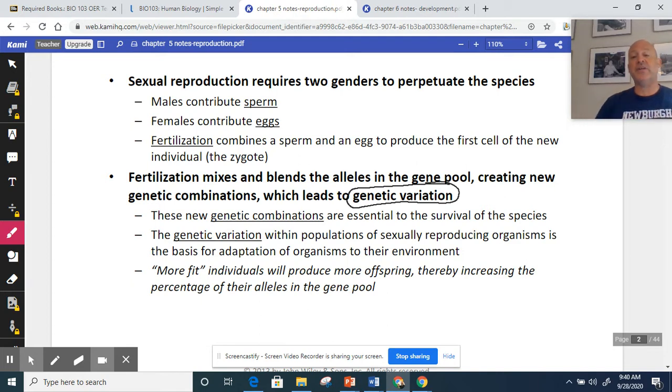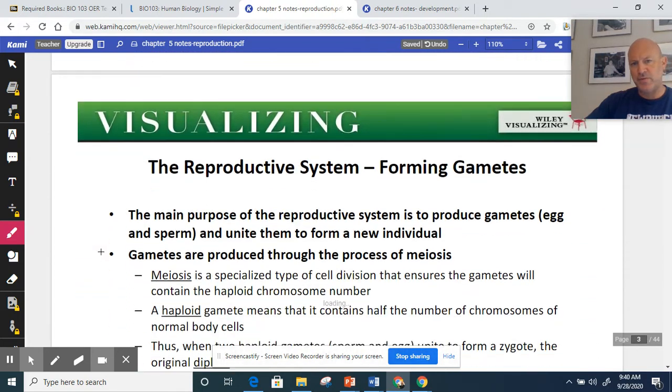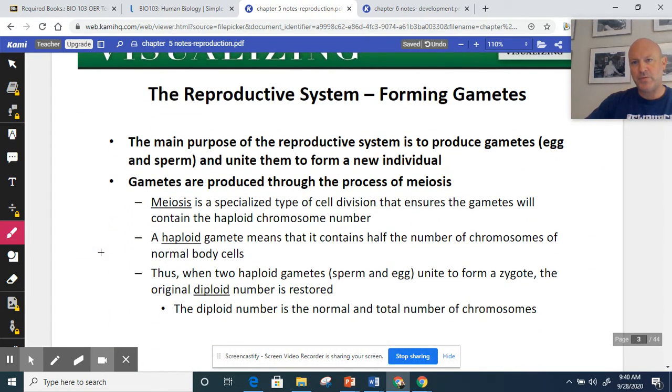We are the products of sexual reproduction. And the variations that exist within our population allow us to better adapt to the environment, especially when the environment changes. Having a virus come into the environment is a good example of the environment changing. So this leads to populations that are fitter, more fit. There's evolutionary significance to being able to reproduce sexually.